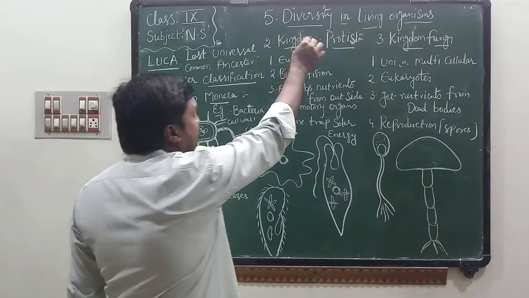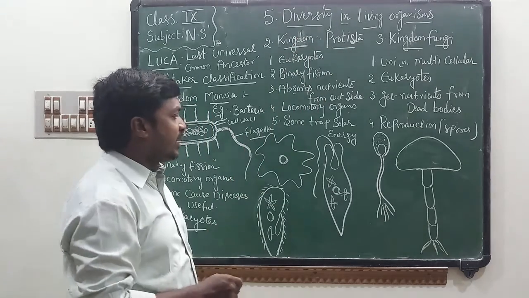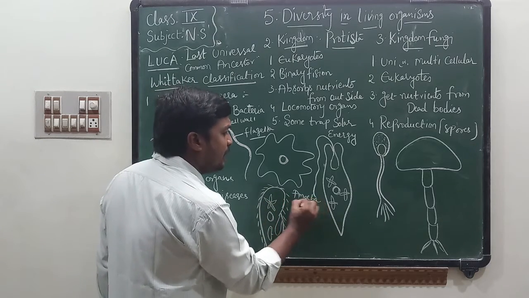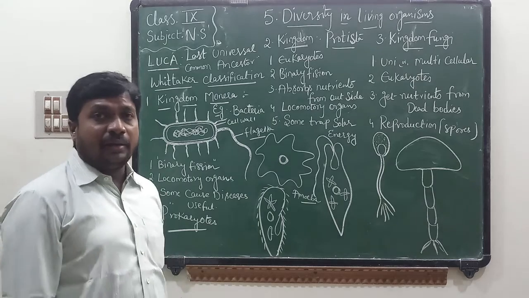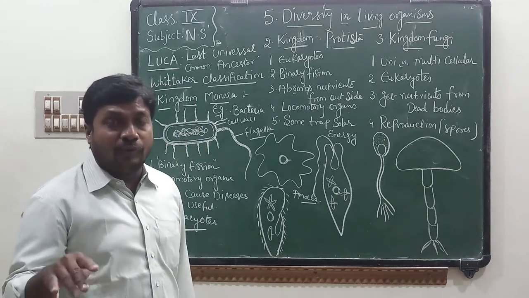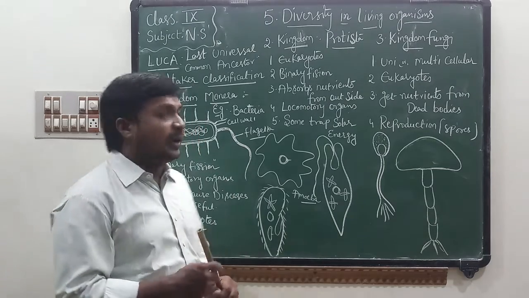Now I will explain about Kingdom Protista. Kingdom Protista are eukaryotes. For example, take amoeba. Already you learned about amoeba in the 8th class. Amoeba has a central nucleus and can move with the help of pseudopodia. Pseudo means false, podia means feet.